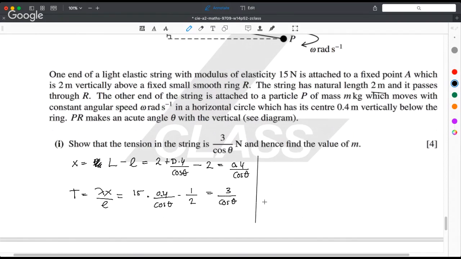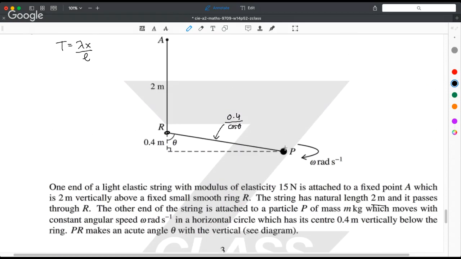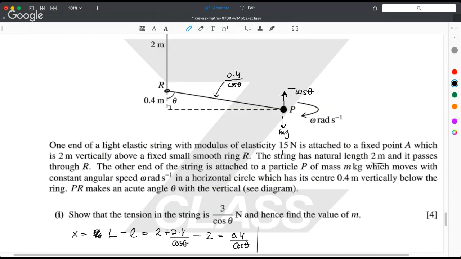Now for the second part of the question, you know that this thing is not moving up and down. It's moving in a circle, but it's not being pulled down to the ground and it's not rising up into the air. So its weight is mg, and this component of the tension, T cosine of theta, must be equal.